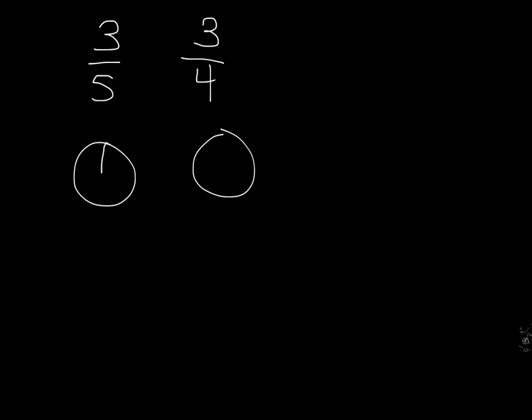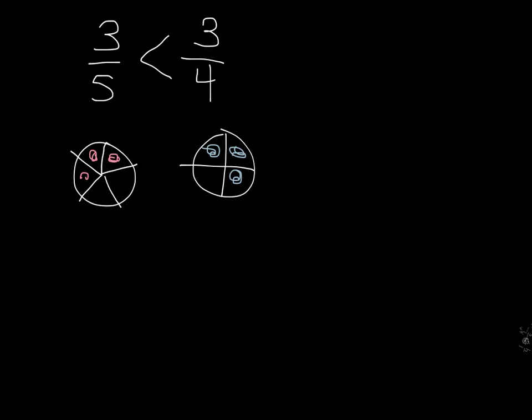The one on the right, I cut my pizza into 5 equal slices, and I take 1, 2, 3 of them. And the one on the left, I cut my pizza into 4 equal slices, and I take 1, 2, 3 of them. And so the question is, in which case do I have more pizza? Well, when I have the same number of pieces of each, but the fourths are larger than fifths, we recognize that 3/5 is less than 3/4.